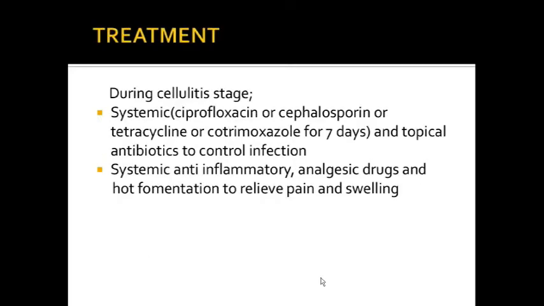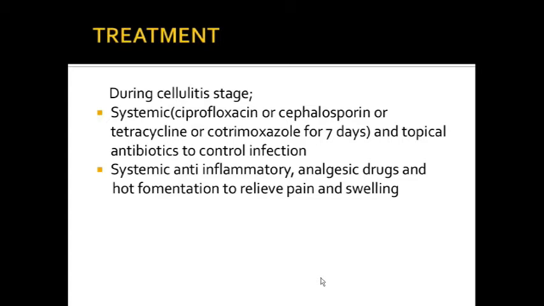Now if we come to the treatment part, during the cellulitis stage we give systemic antibiotics, which are generally ciprofloxacin, cephalosporin, tetracycline or cotrimoxazole for 7 days, and topical antibiotics to control the infection. For topical antibiotics, you can give any kind, like gatifloxacin or moxifloxacin.